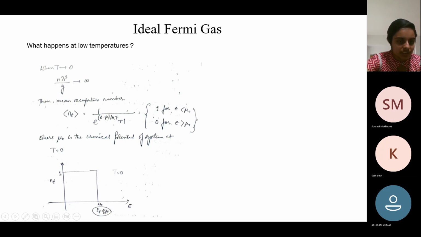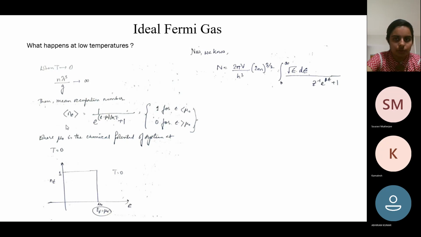So in a way, this value of mu naught corresponds to the maximum energy that the system can have, and that is called the Fermi energy. The maximum energy level till which your particles can reside at 0 temperature is called the Fermi energy of the system. Now this was your expression for N. What happens in the low temperature limit?